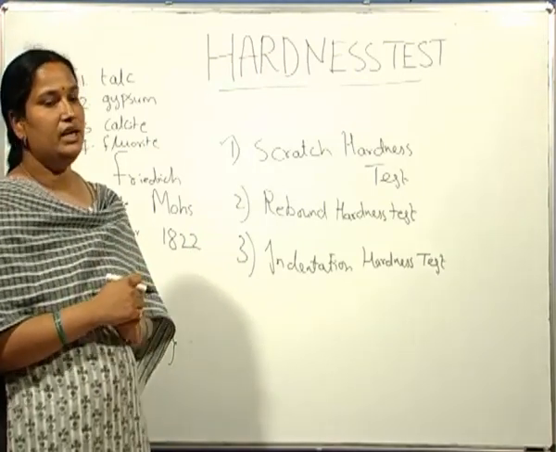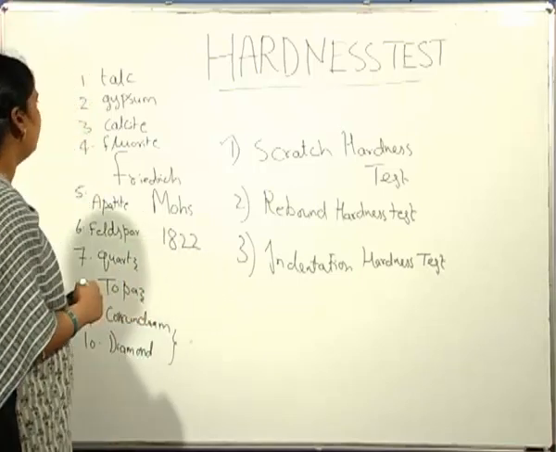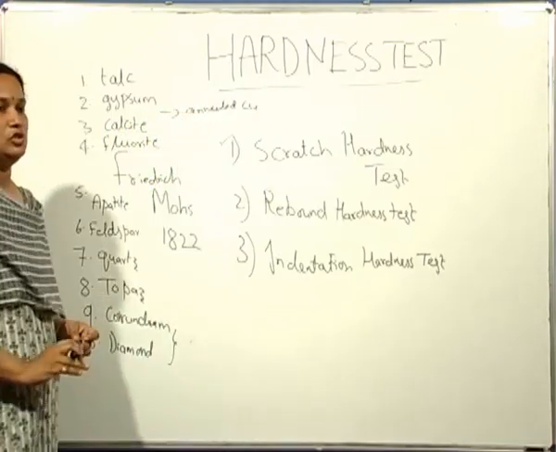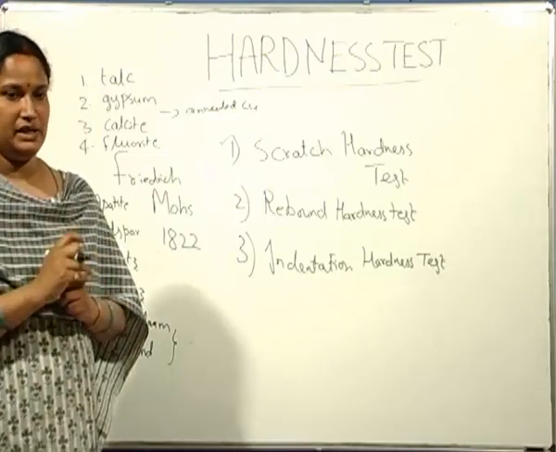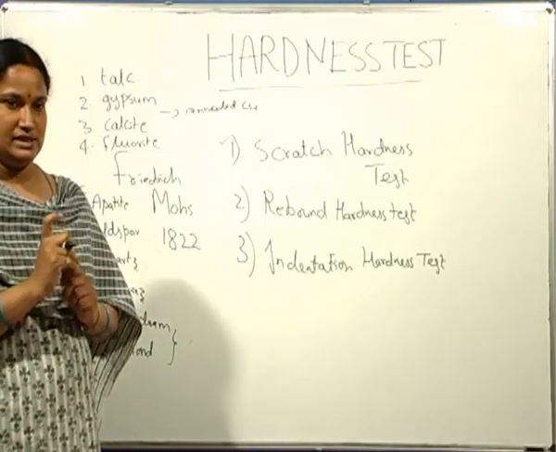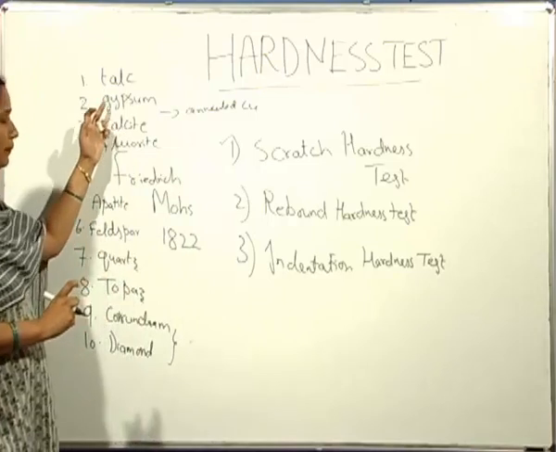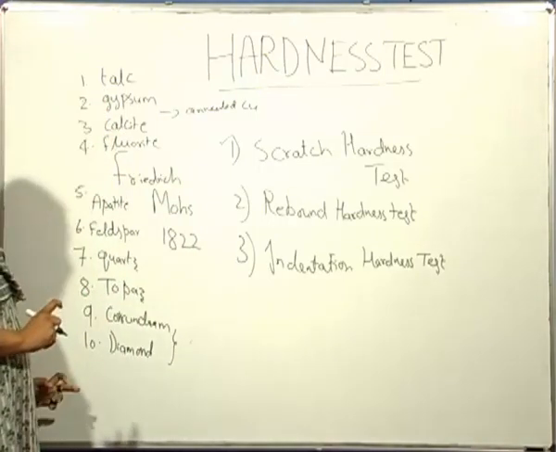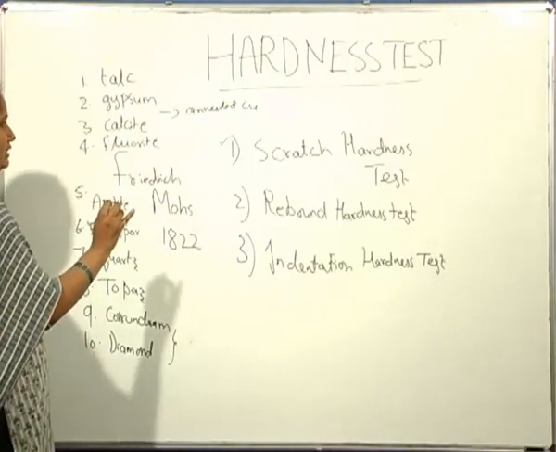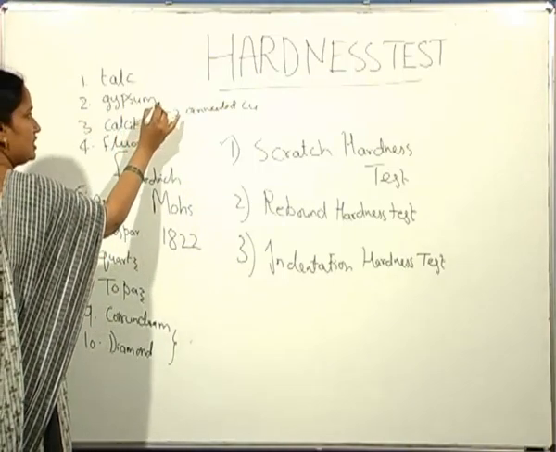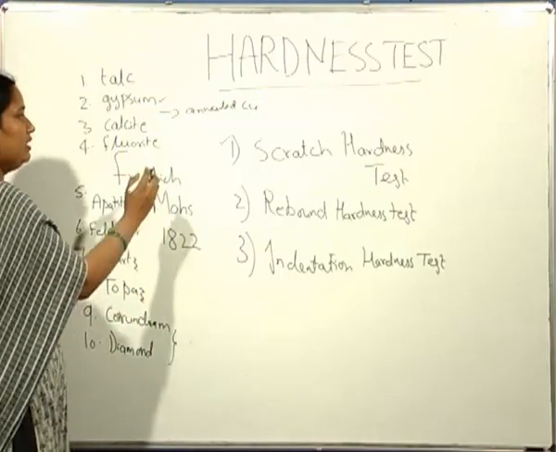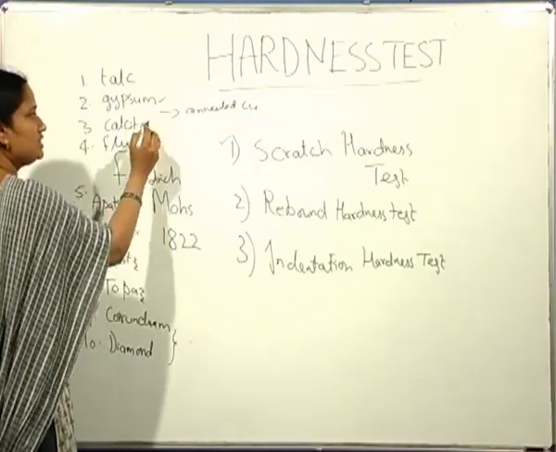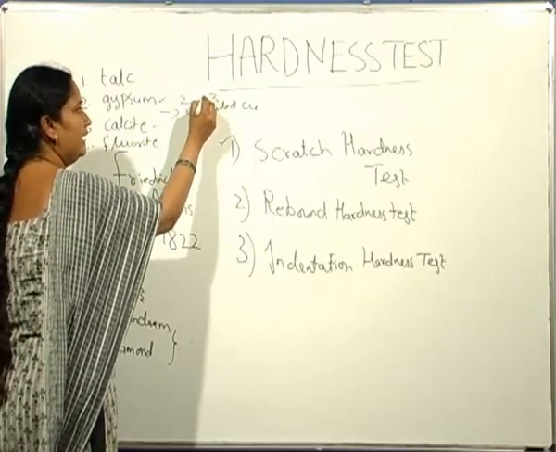For the case of annealed copper, it falls between 2 and 3. For a test material, if it scratches a mineral among these ranks 1 to 10, suppose annealed copper is able to scratch gypsum and unable to scratch calcite, it is placed between these 2 points, between 2 and 3.